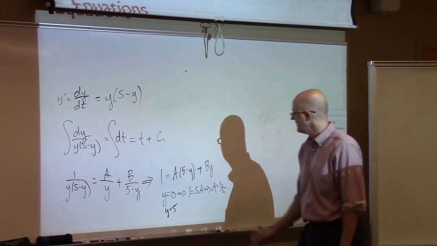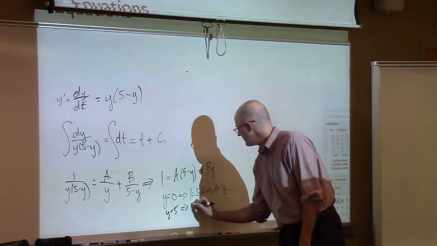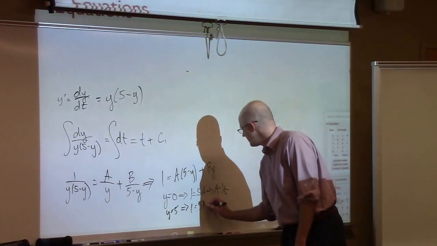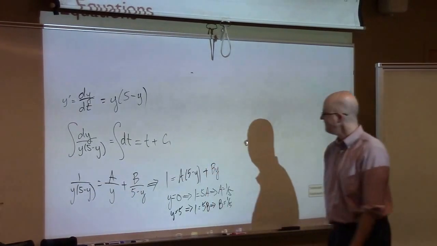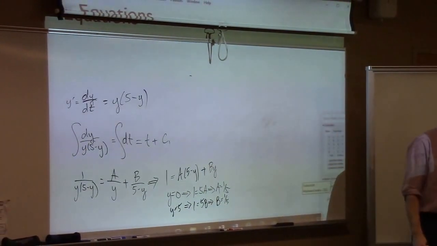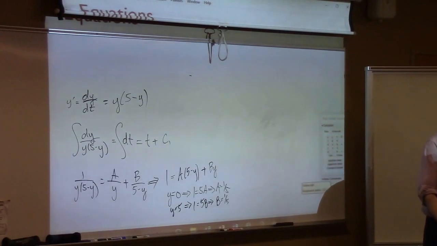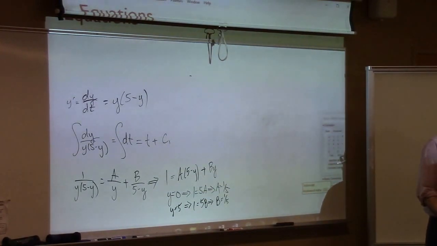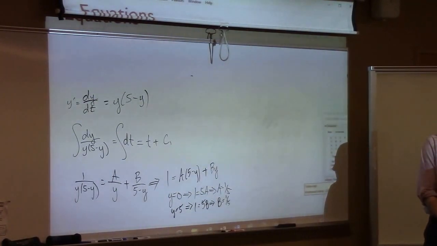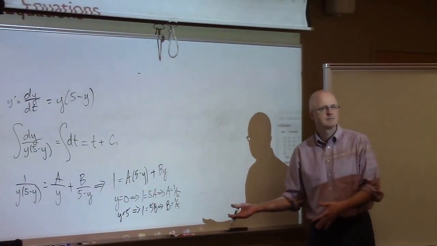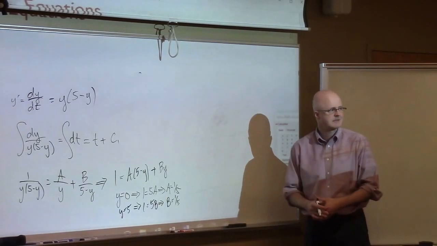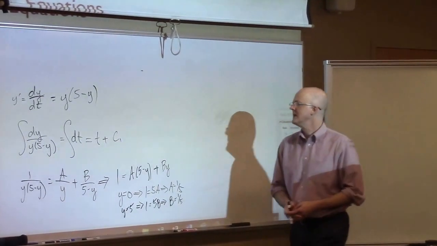This becomes 5b. So b is also 1/5. Doesn't always happen that those are equal. Sometimes it does. Technically, I haven't proven that these a's and b's work. Just derived the possibilities, essentially, but they do work.